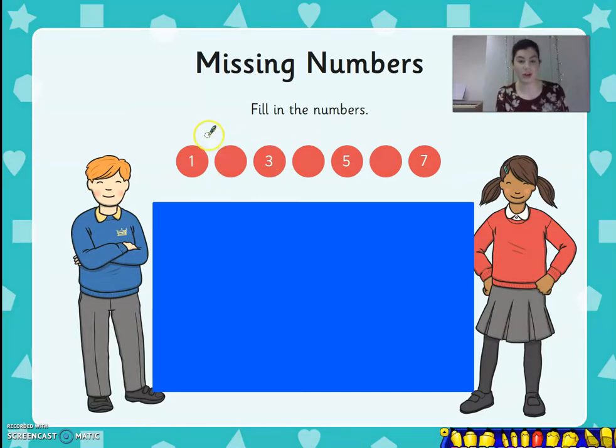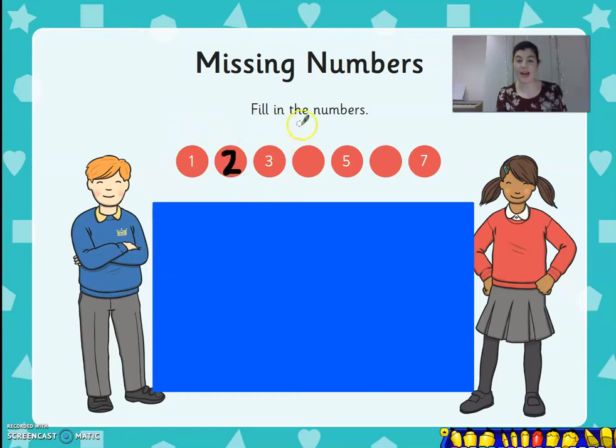So here we have got 1, something, 3, something, 5, something, 7. So we've got to work out what the missing numbers are. Now, the whole way through, we're going to be counting up to 10. So we've got 1. What comes after 1? 1, 2. So we're going to write a 2 in there. Now you might want to join in with me and have some numbers in front of you and see if you can fill them in. 1, 2.